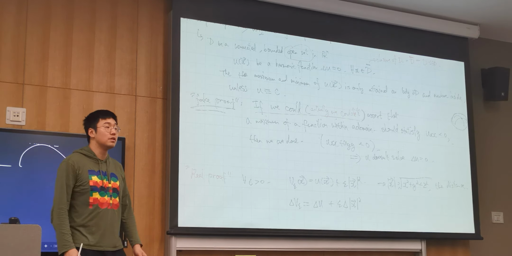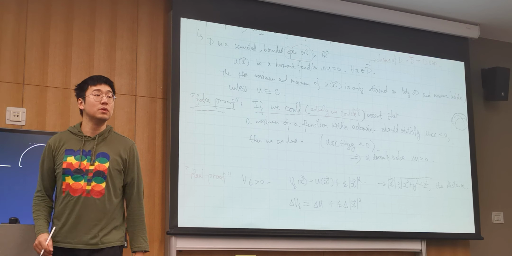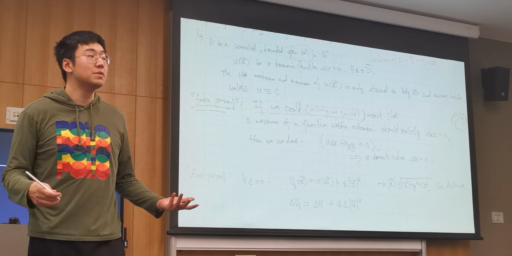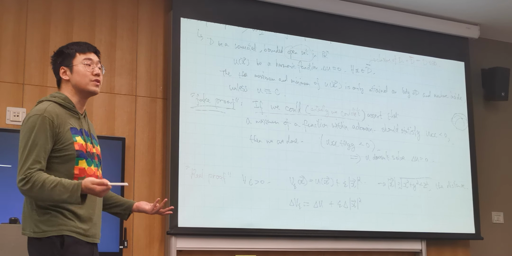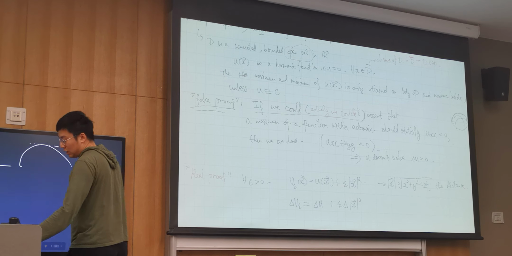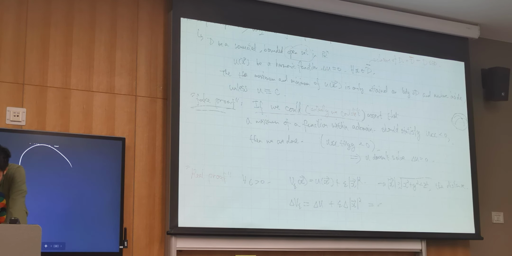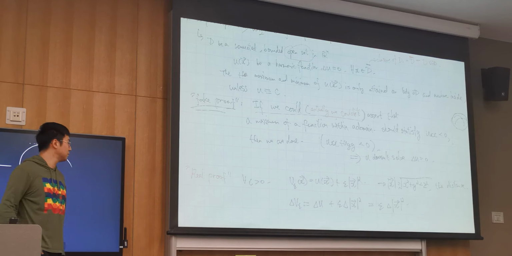So far so good? What is Laplace u? 0. We already know that u is a harmonic function. So this actually equals epsilon times Laplace of x squared. But what is that?